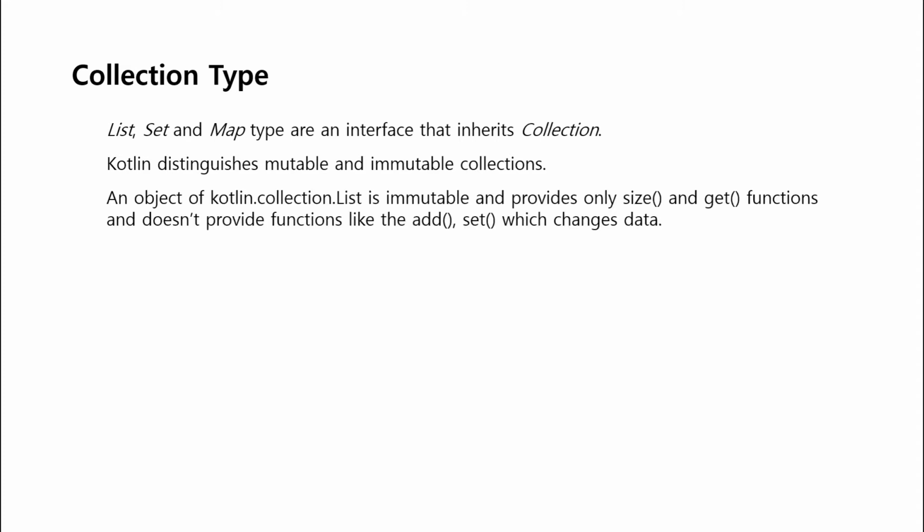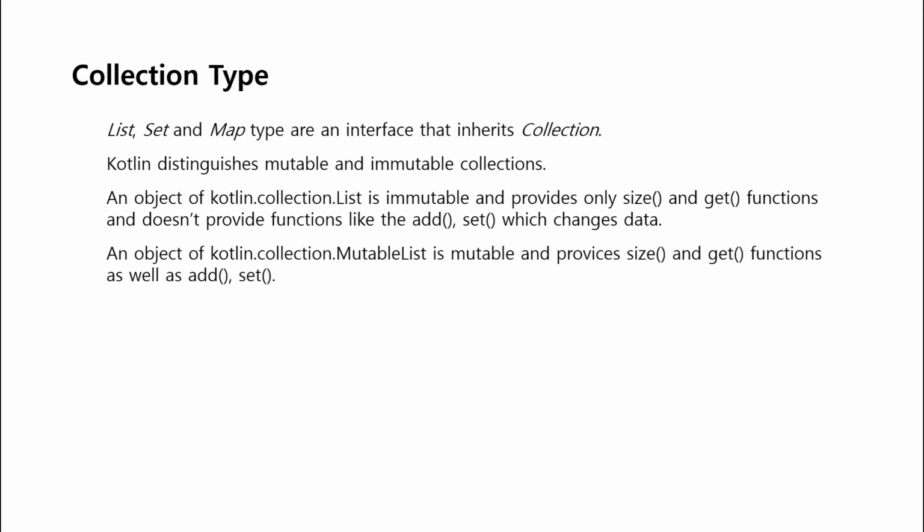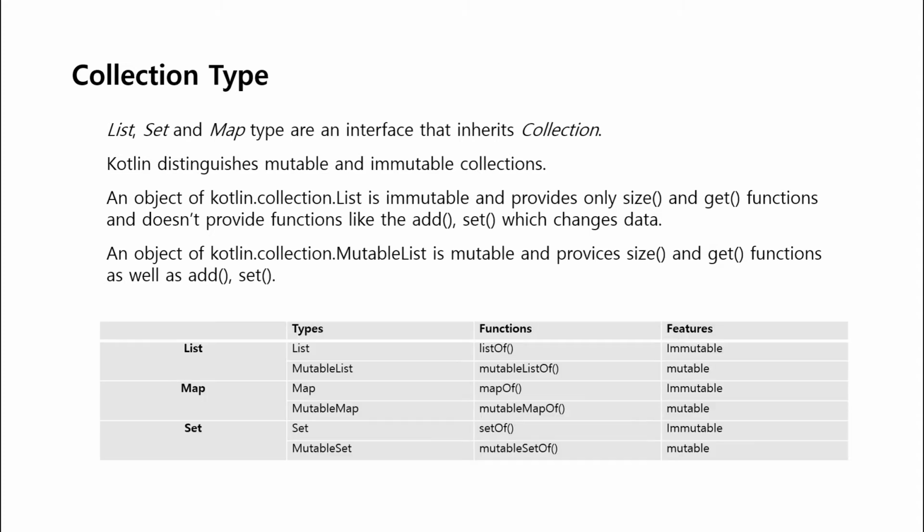However, immutable collections have only a size property and a get function because the value cannot be changed. For example, let's see list. List is immutable. And there is a list class that is mutable called MutableList. These are mutable and immutable types and functions for collection classes.